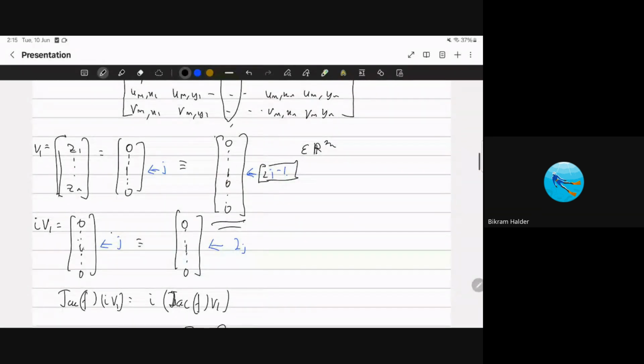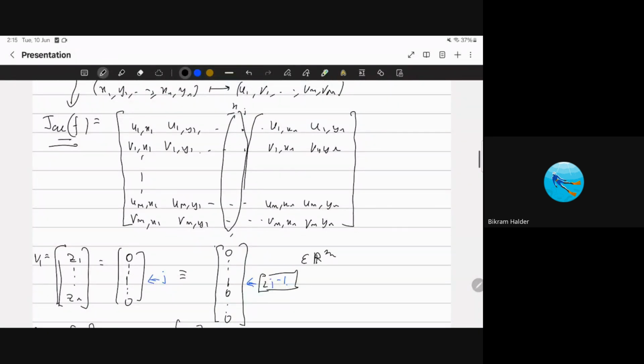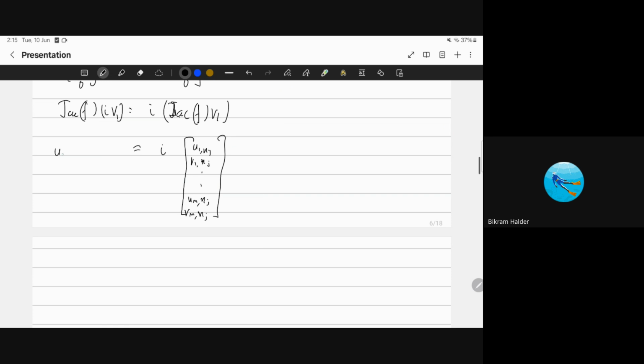i ej is at the 2jth location. So here the derivatives will be with respect to yj, right? So u1 yj, v1 yj, up to um yj and vm yj, right? So now, what does it mean to multiply i with this vector?